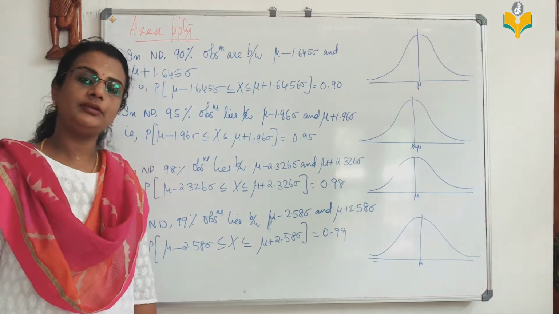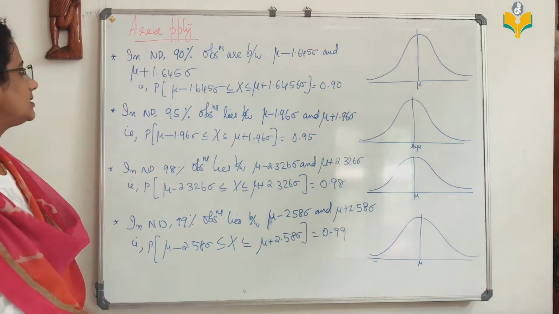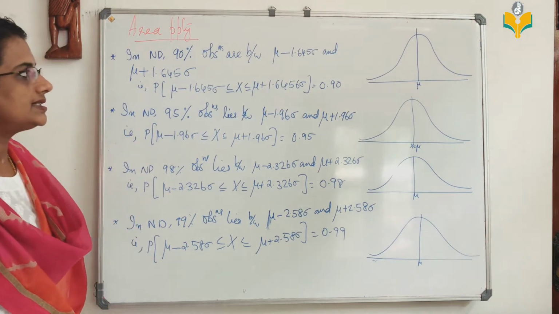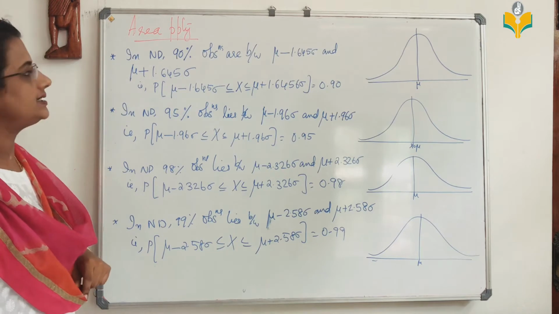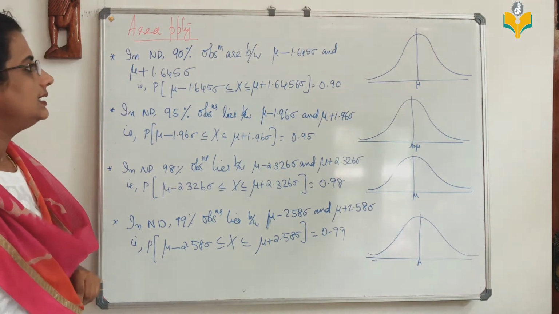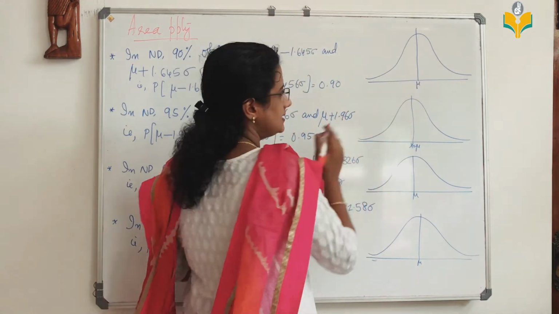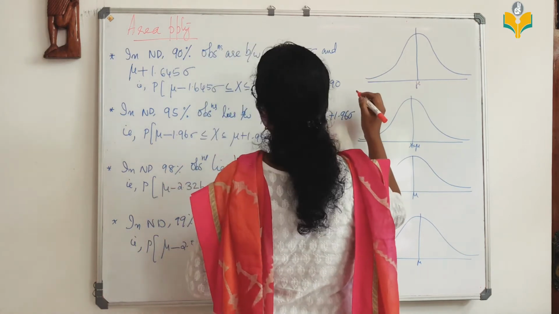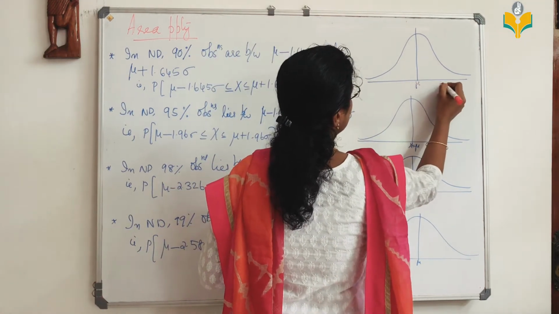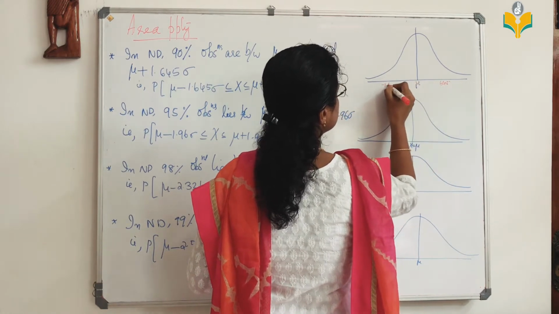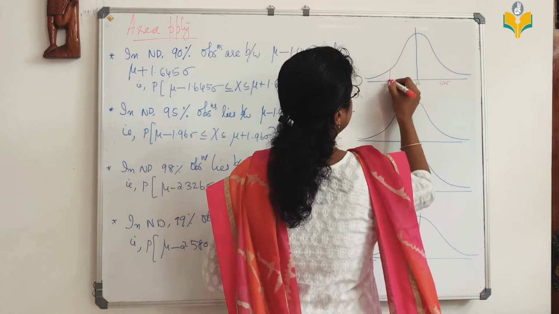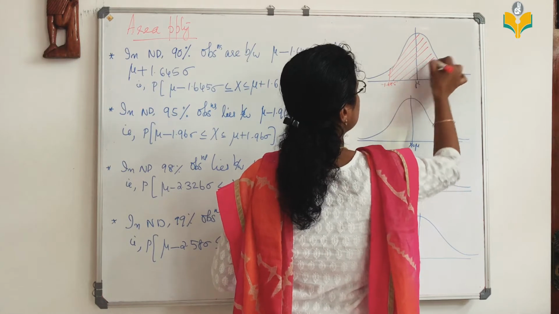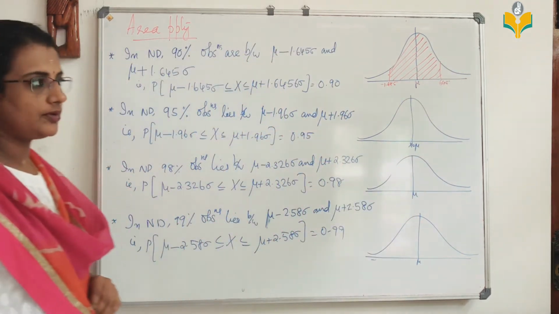Next one is the area property of normal distribution. In normal distribution, 90% of observations are between mu minus 1.645 sigma and mu plus 1.645 sigma. This is the shape of a normal curve, isn't it? At the center we have the mean, mu, and we have plus 1.645 here and minus 1.645 here, and this is the area between them.